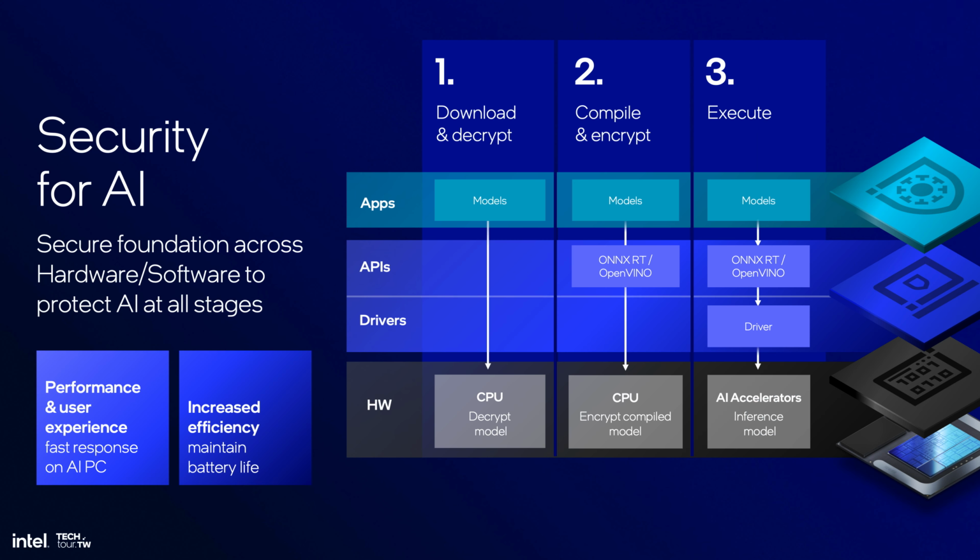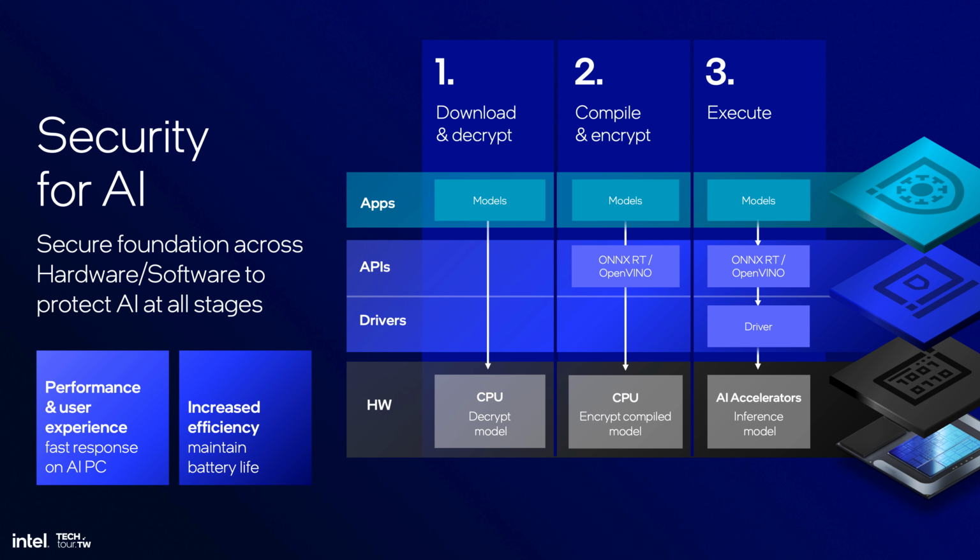So the first change that we see is, as a user, when I download an application and I just instantly install it and start executing it, I'm now going to see that I downloaded an application and I have to decrypt a model package inside it before I can start installing it, right?